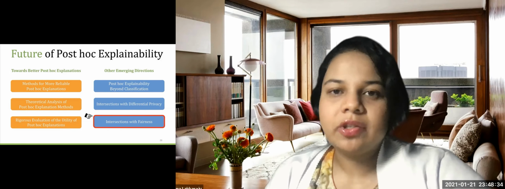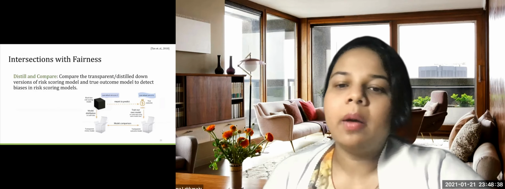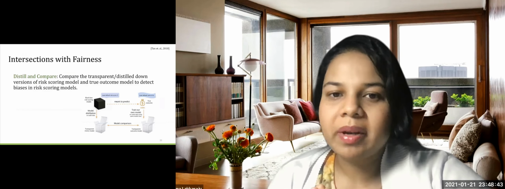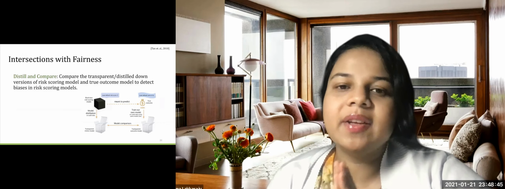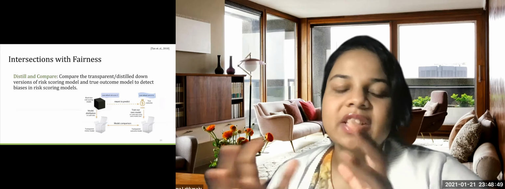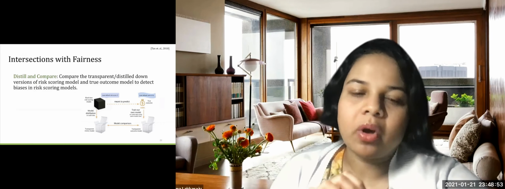There are also some interesting works at the intersection of explainability and fairness. For example, there have been some recent approaches which try to basically understand if a model is biased by using this intuitive idea of distill and compare. That is, let's say we have a black box model.